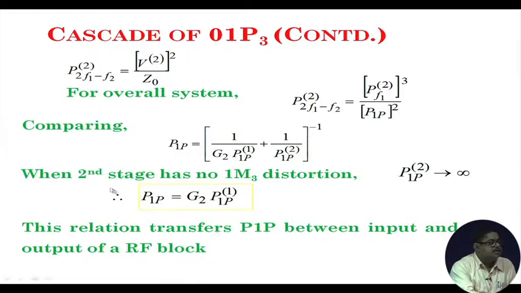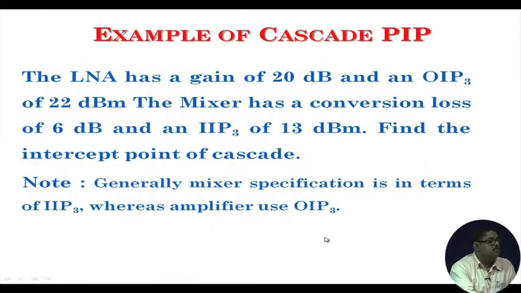So, that means it has no IM3 distortion. If we put that, then PIP becomes G2 PIP1. So, this relation transfers PIP between input and output of an RF block. You see that from 1 to the overall, we can transfer the PIP between input and output.